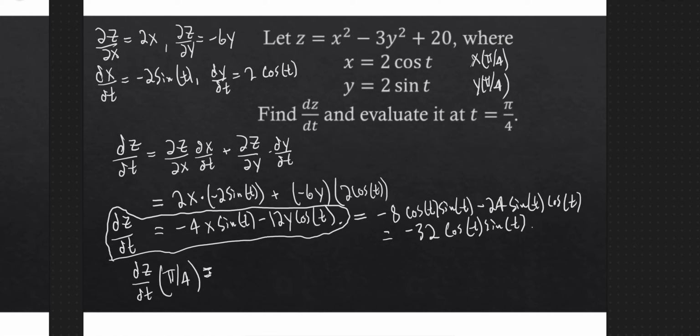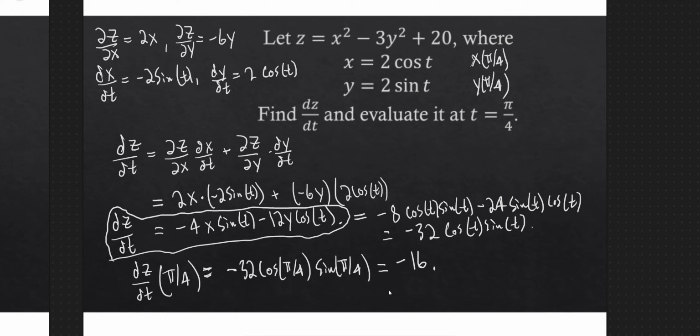Either way works fine. So here we'll have minus 32 times cosine pi over 4 times sine pi over 4. Sine of pi over 4 and cosine pi over 4 are each square root of 2 over 2. And so that's square root of 2 over 2 squared. So that'll be 1/2. And so this is minus 16.